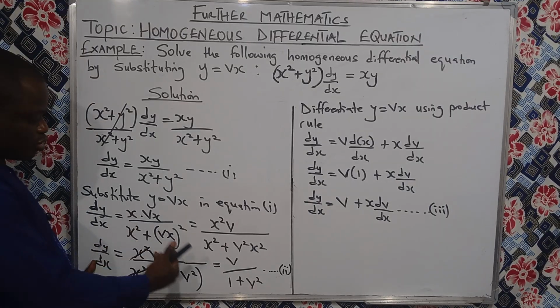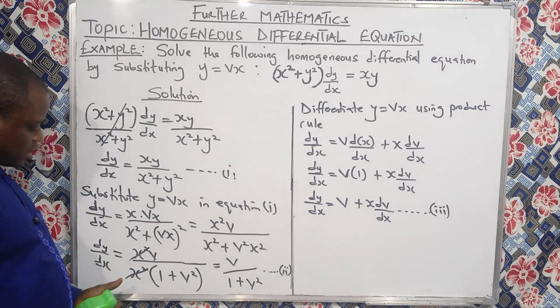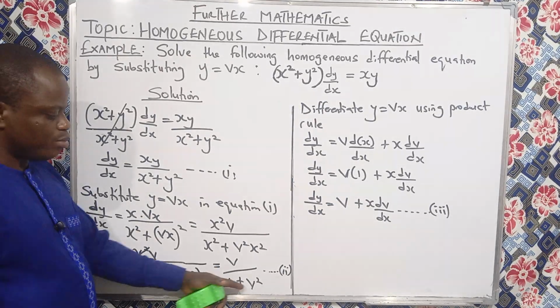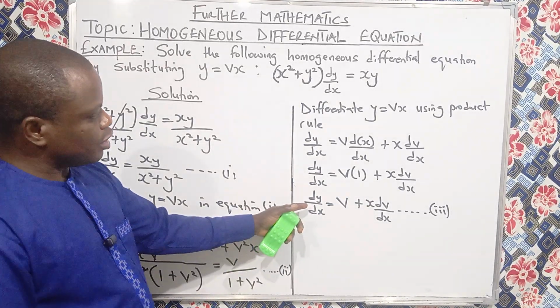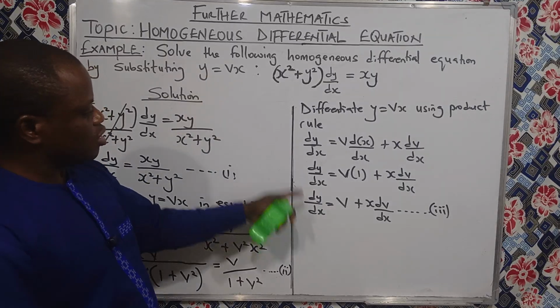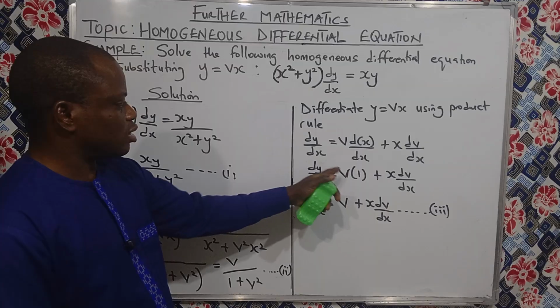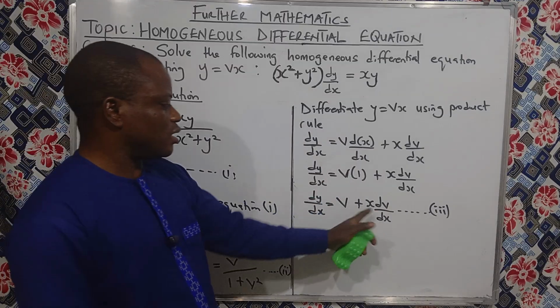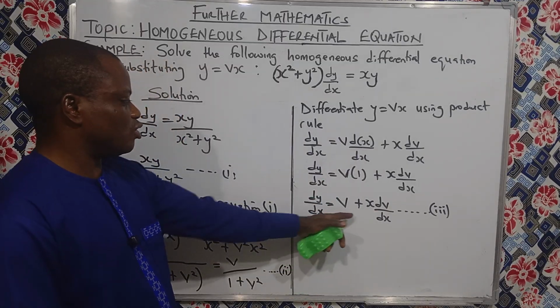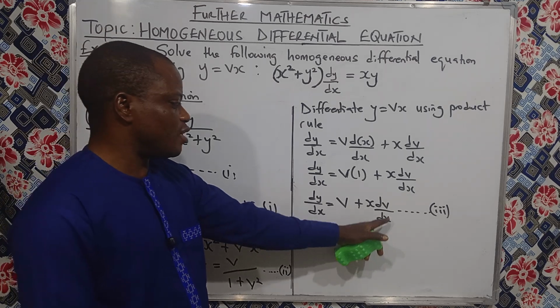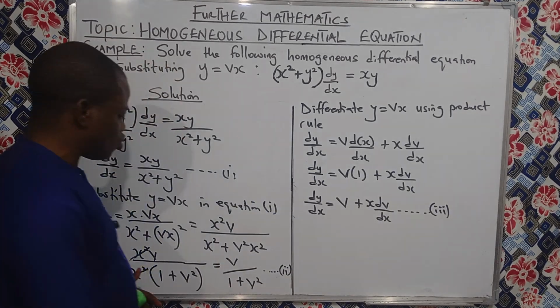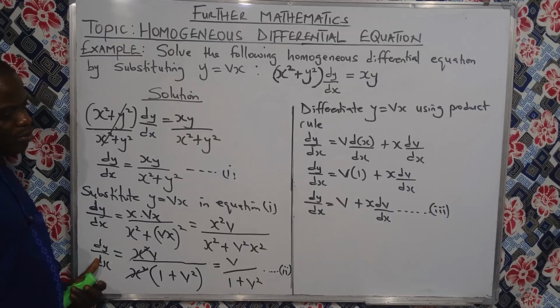When we made some substitution, we had dy over dx equal to v over 1 plus v squared. And when we differentiated with respect to x, we had dy over dx equal to v plus x dv over dx. You now equate the two expressions together because they are both expressed as dy over dx.